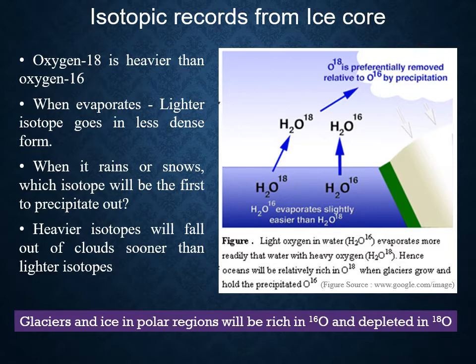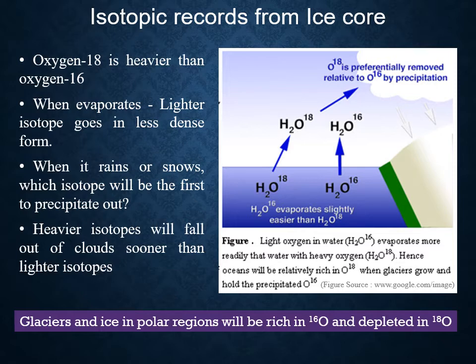So say, for example, if the water contains 98% O16 and 2% O18, then a relative fractionation occurs in the vapor state of water during evaporation. So in vapor state, this ratio is changed. Say, for example, 98.5% O16 is found and 1.5% O18 is found.